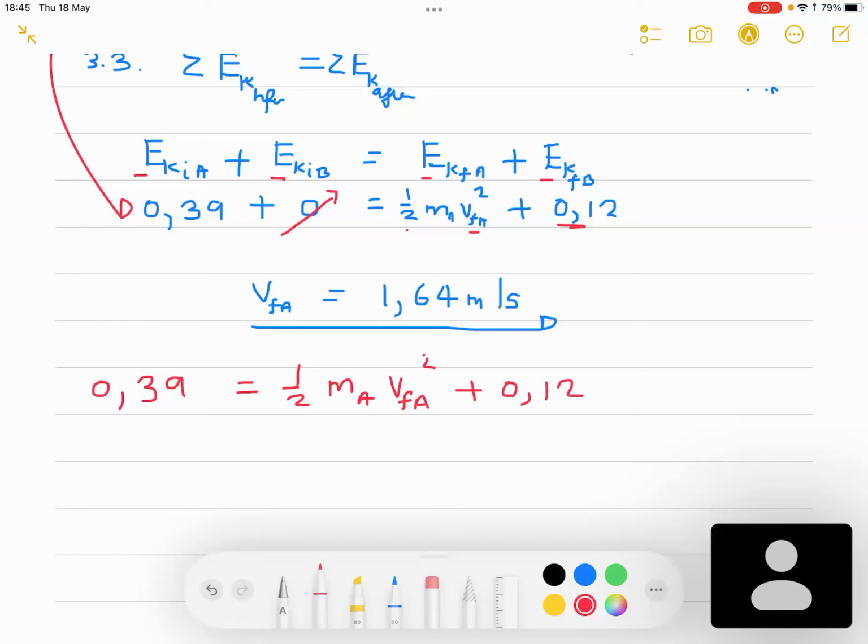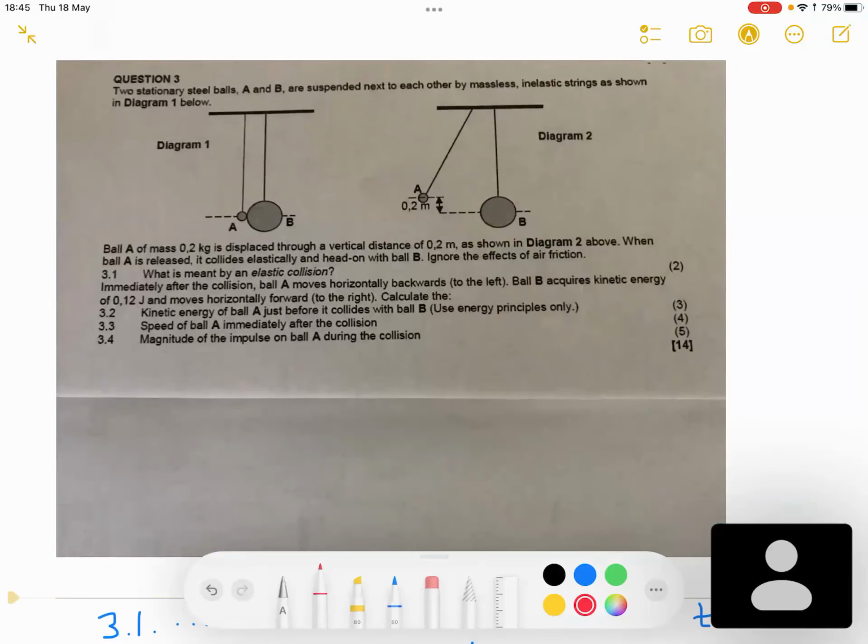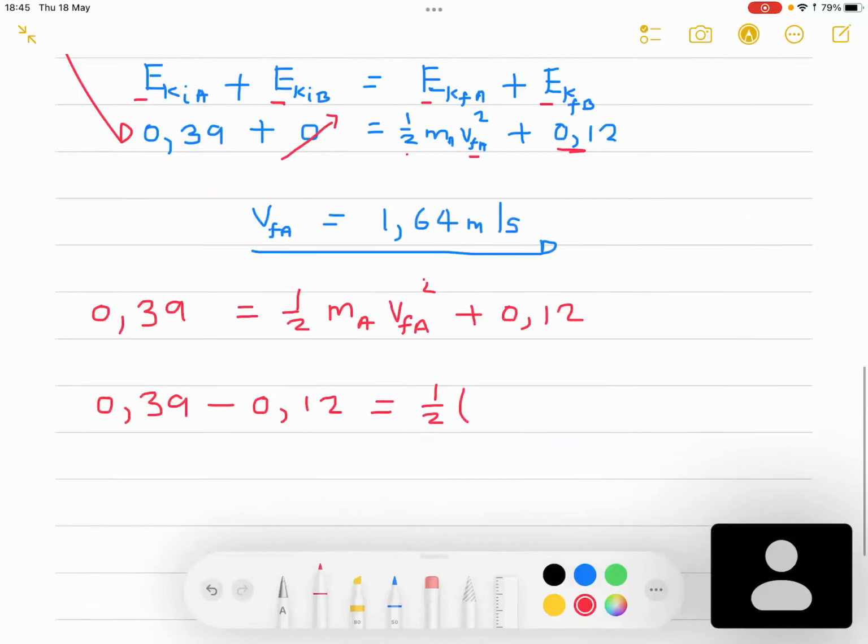So I can rewrite that as 0.39 minus 0.12 is equal to a half, and instead of writing m_A, I know that A is 0.2. Yes, ball A of mass 0.2.